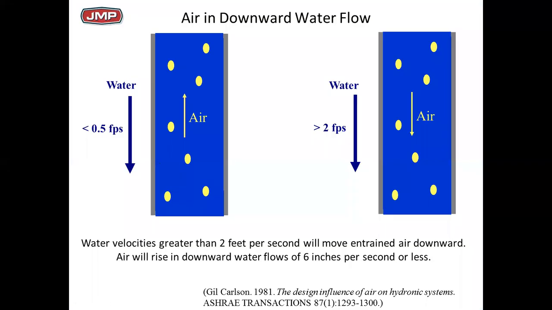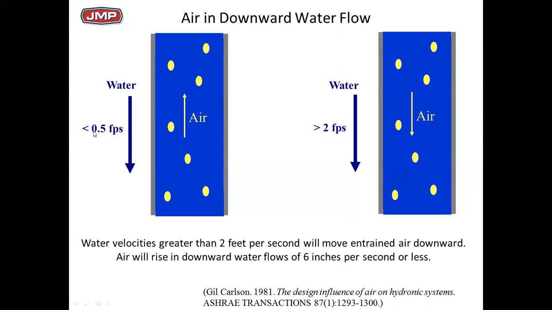Okay, so this slide illustrates the requirement for the velocity to be greater than 2 feet per second, especially in pipes where the flow is downward, in order to pull those air bubbles back to the point of separation.